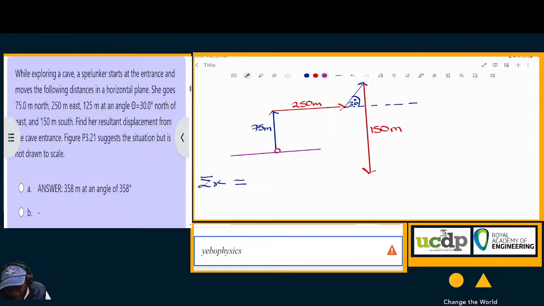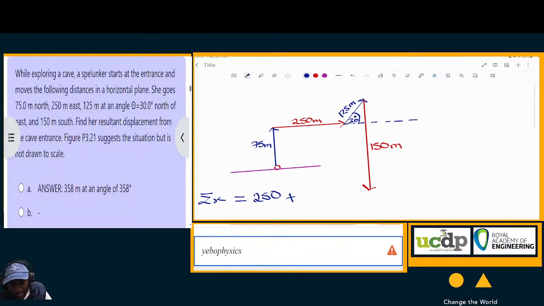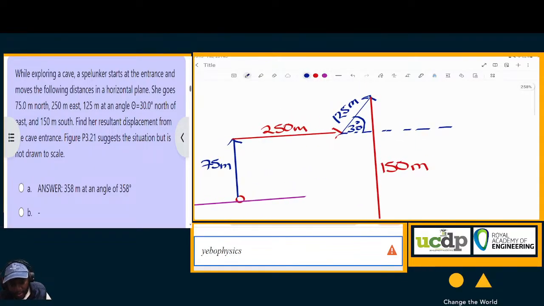Okay, so we've got 250 meters, plus this 125 meters. But you can see that it's inclined at an angle of 30 degrees, which means that we need to resolve it.